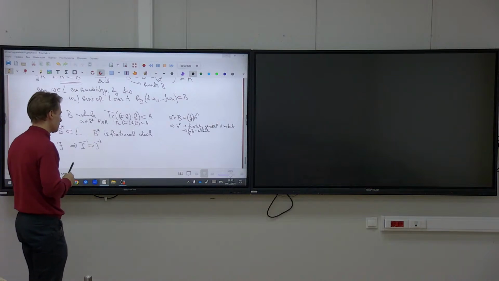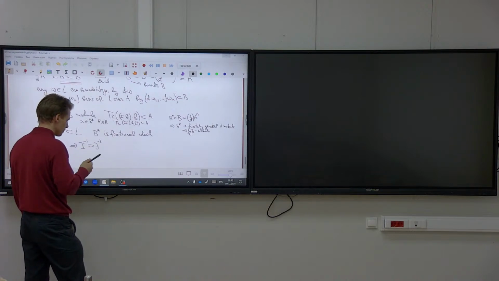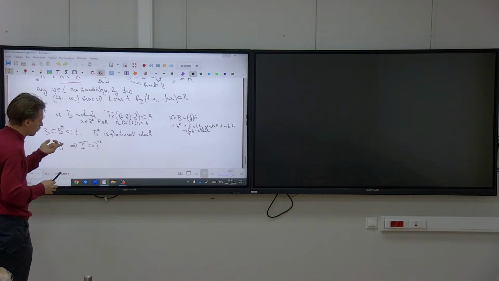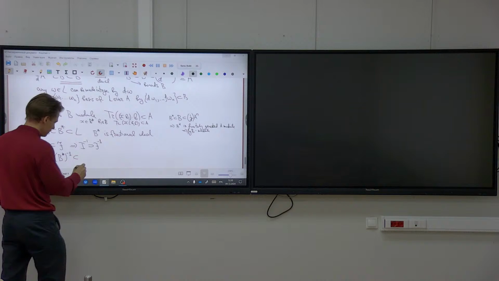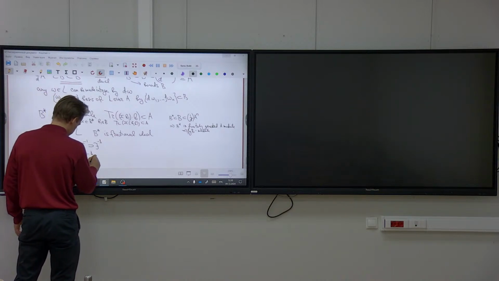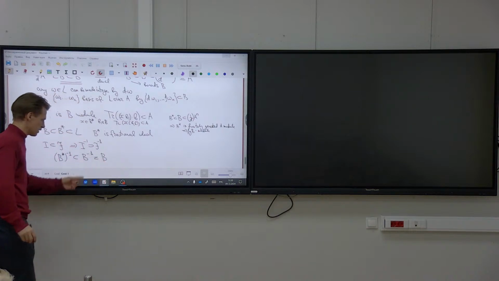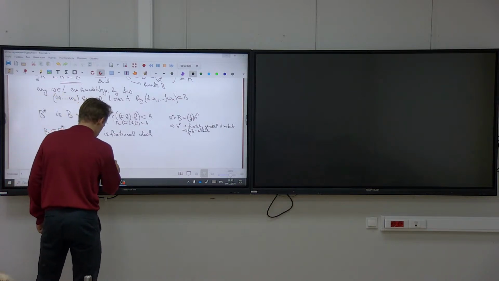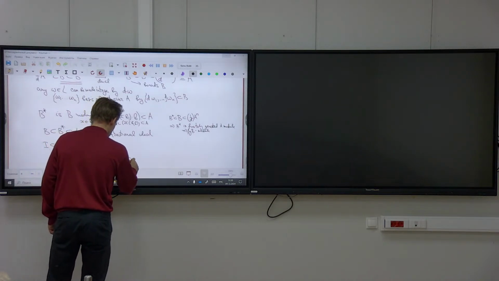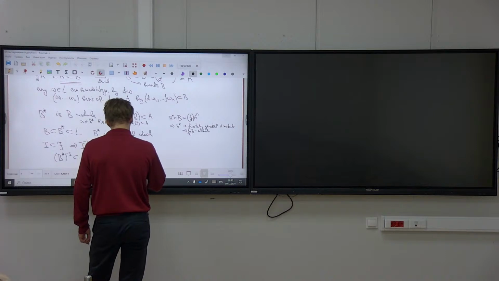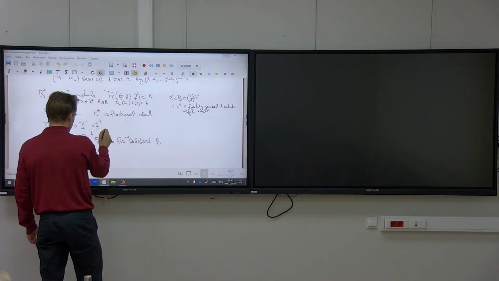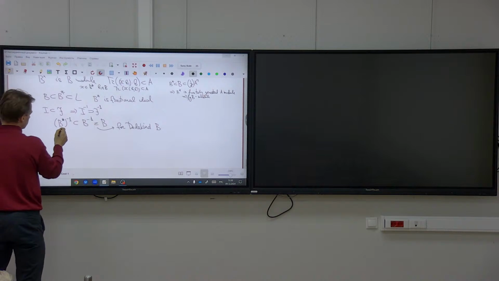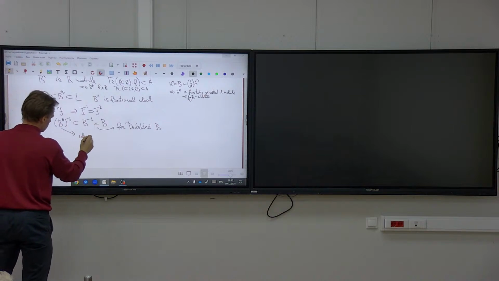And this implies that since you have opposite inclusions, B star inverse sits inside B inverse, which is B. So this thing becomes an ideal. So this is the ideal that we call the different.